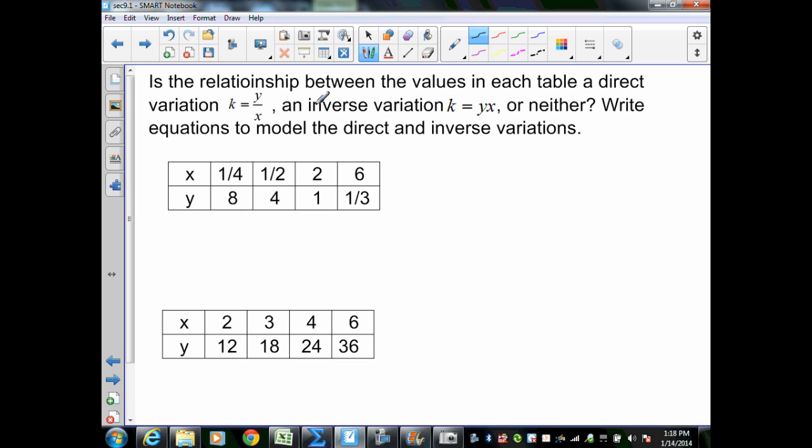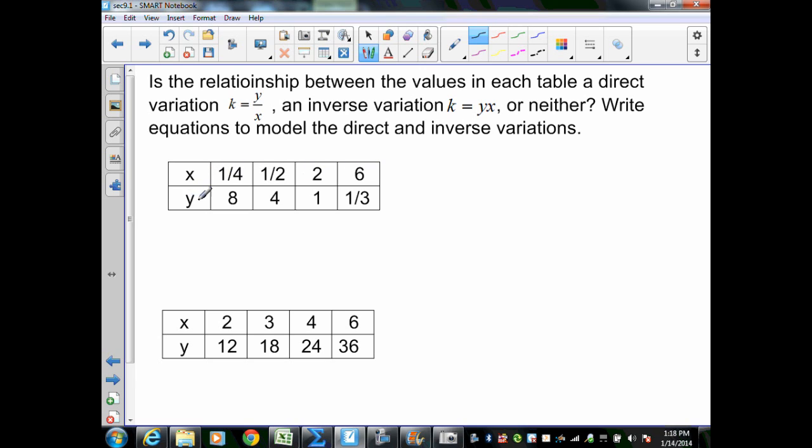Or is it an inverse variation, in which case my x values would increase and my y values would decrease, but the product of each ordered pair would have the same constant of variation, or k? Or would I end up with neither? If I have a direct or inverse variation, then I want to write an equation to model that direct or inverse variation. Here, on my first example, I have x that has values that are increasing.